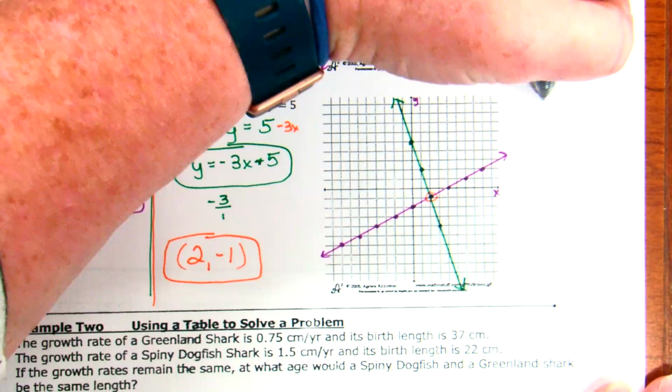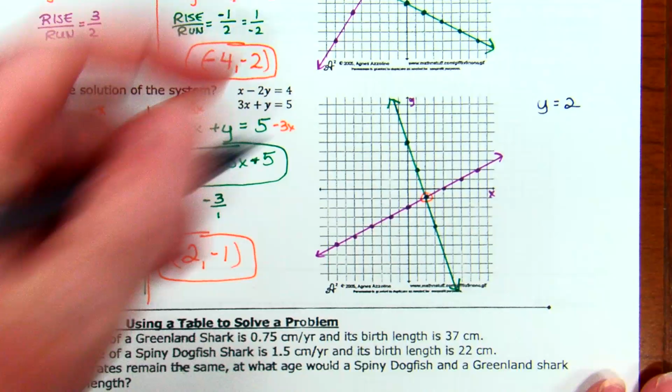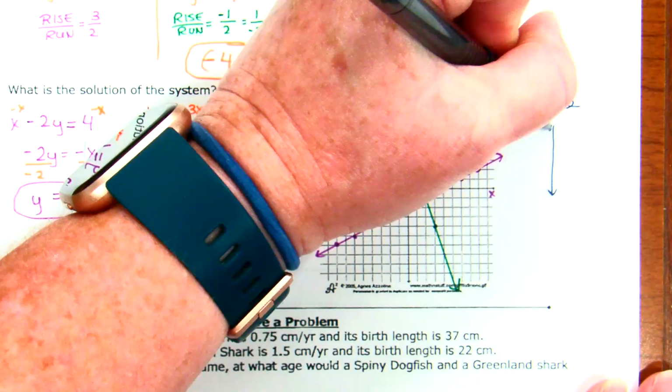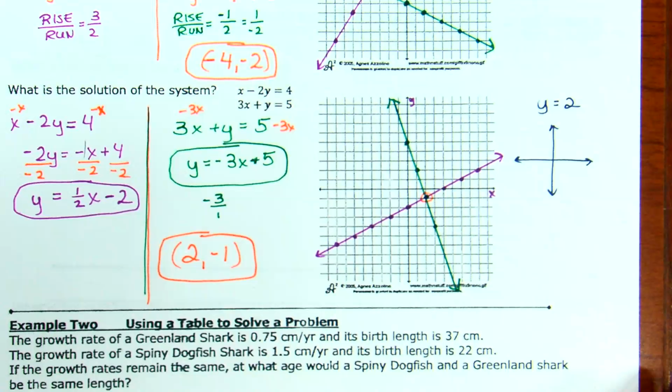So for instance, if you're given the equation y equals 2, what does y equals 2 do? It cuts through which axis? The y-axis at 2, right? Because it says y equals 2, it has to touch the y-axis at 2.